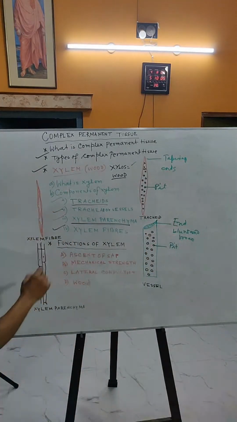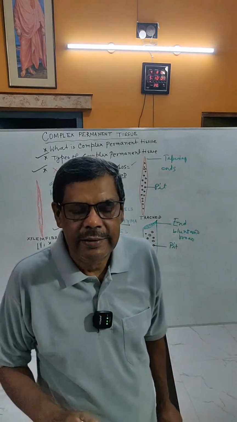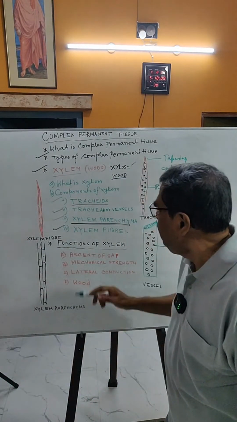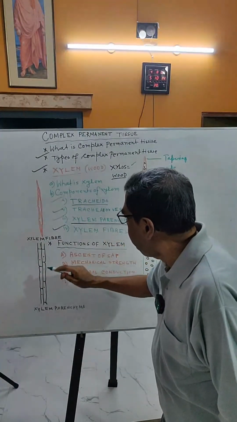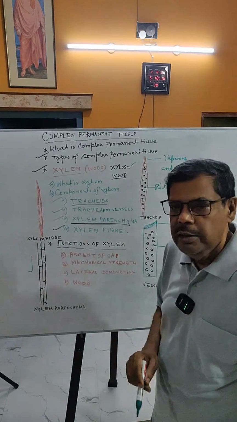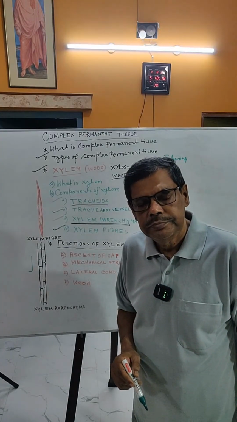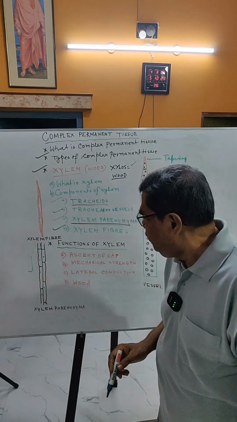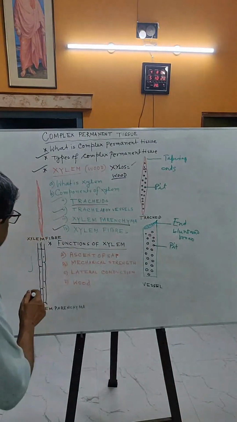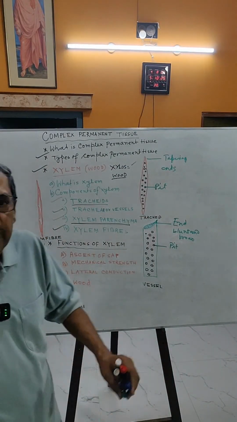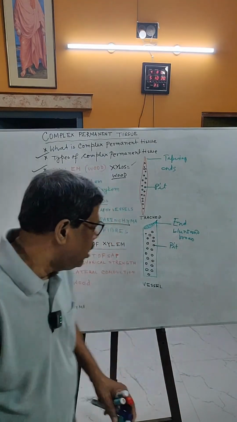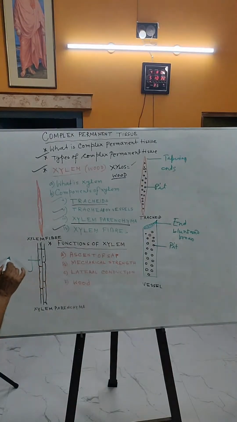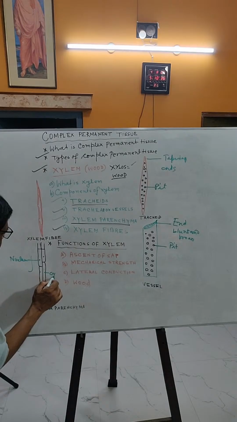Next, xylem parenchyma. These are the only living cells in xylem. These are somewhat elongated parenchyma cells which are associated with the xylem. They have a nucleus and cytoplasm.